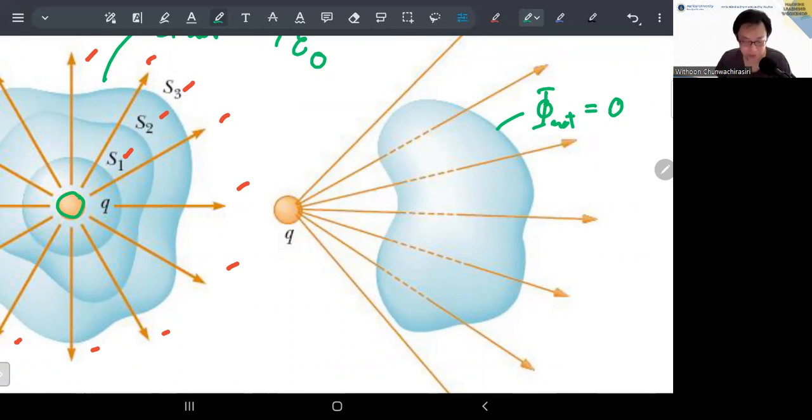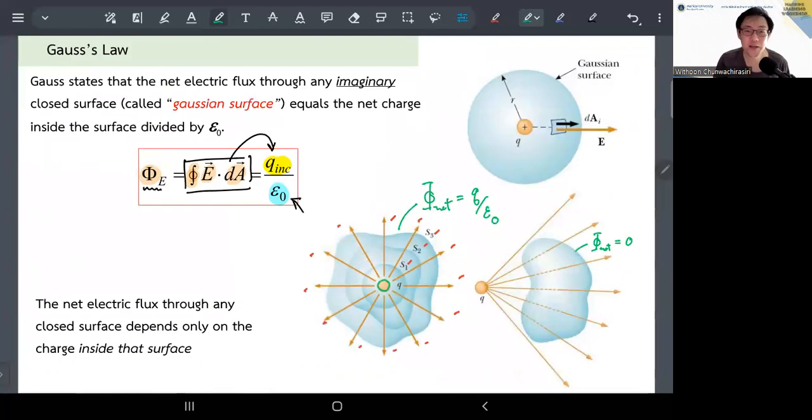That's how easy it is for you to link from flux calculation to Gauss's law, because charge is the one generating the flux. If you know the amount of flux through the closed surface, it will give you the net charge inside that closed surface as well.